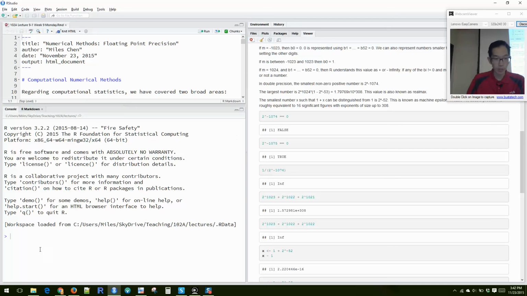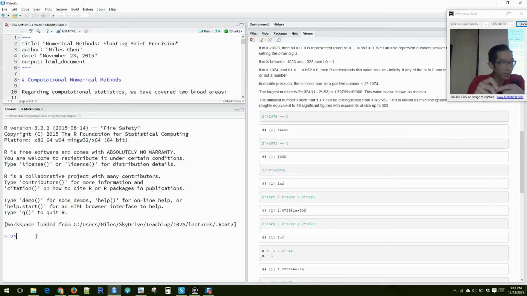So anyway, all this to show is that when you do certain calculations, okay, so the smallest number that we can represent would be 2 raised to the negative... no, I'm sorry. We've got 11 bits for the exponent and 52 bits for the mantissa, right?